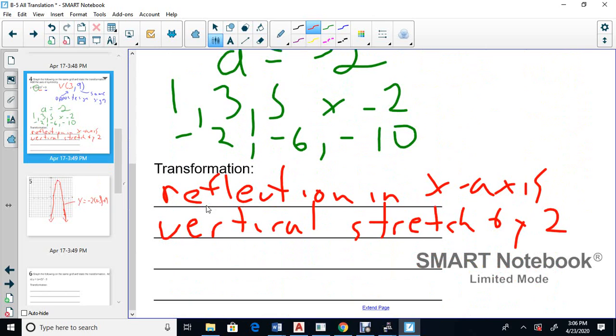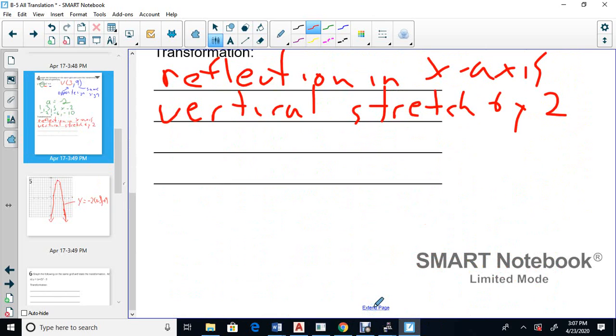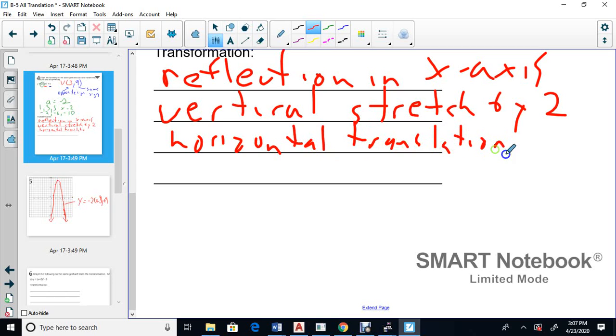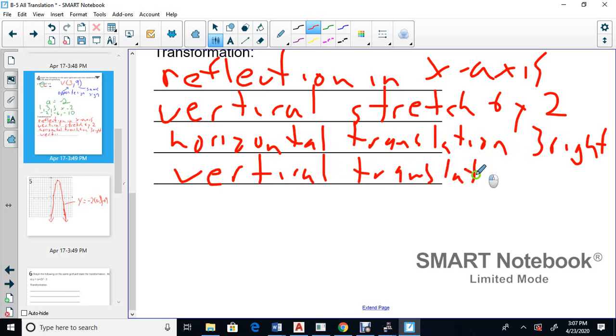So horizontal translation, 3 right. And then we have a vertical translation. And it went up, 9 up. And there's a transformation for that one.